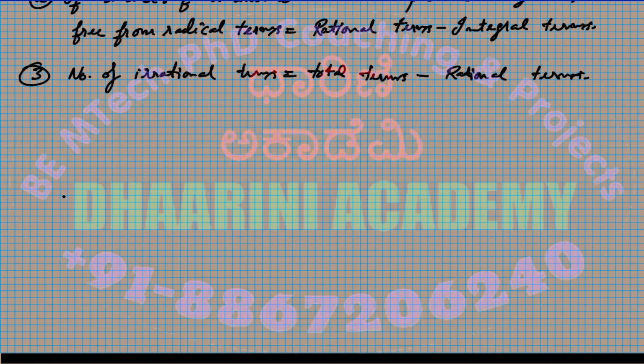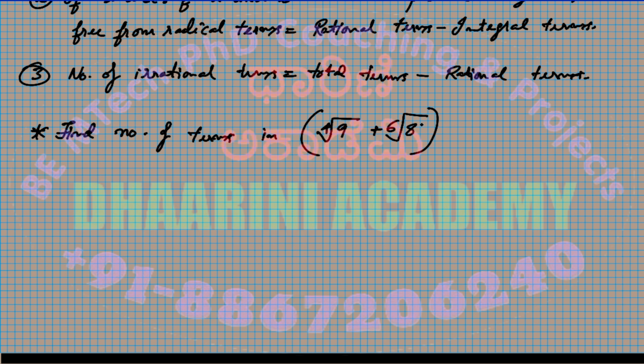Problem number one. Find the number of terms in the expansion of (fourth root of 9 plus sixth root of 8) raised to the power 500, which are integers.